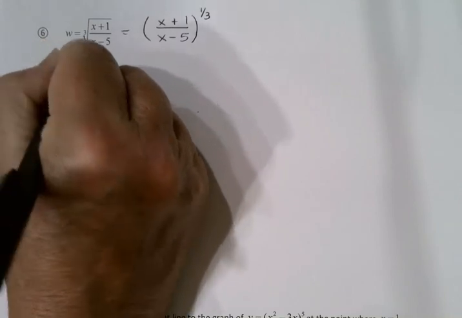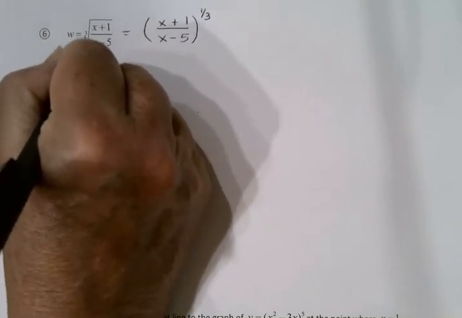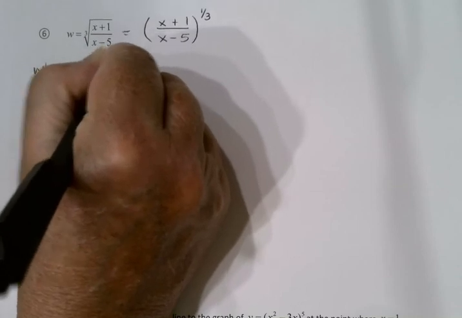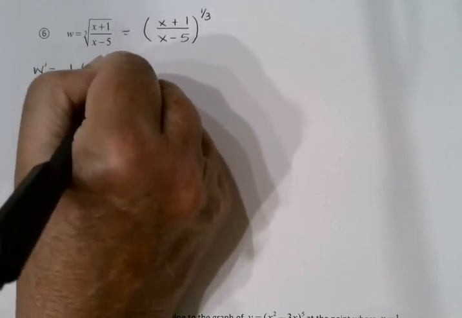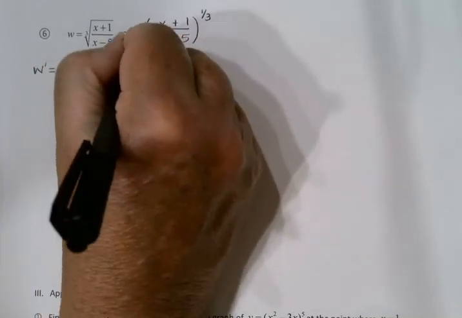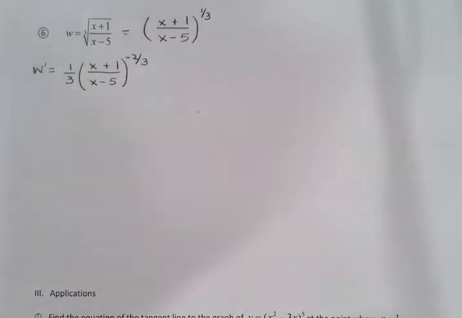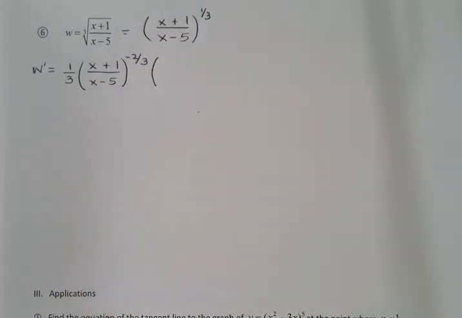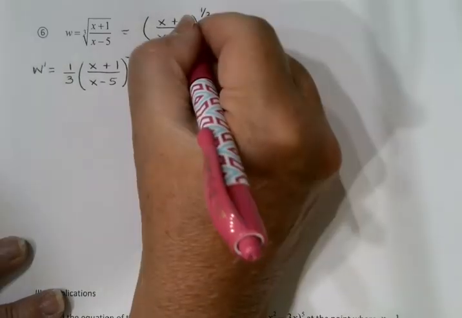So I would have w prime is 1/3 times the x plus 1 over x minus 5 to the negative 2/3. There's the power rule part. Times the derivative of the inner function, which is going to take a quotient rule.